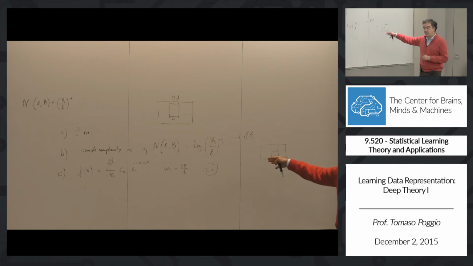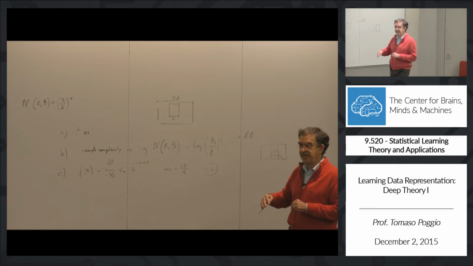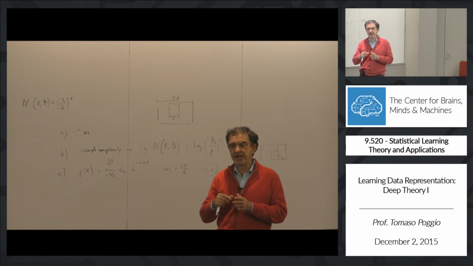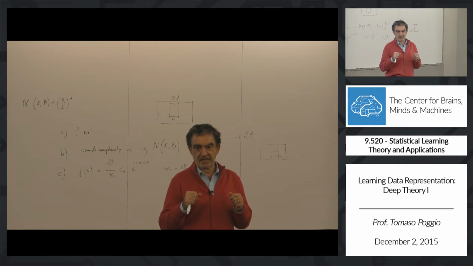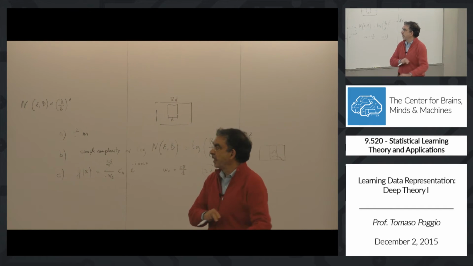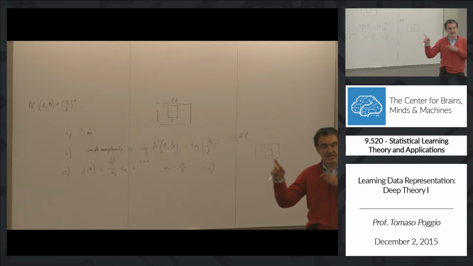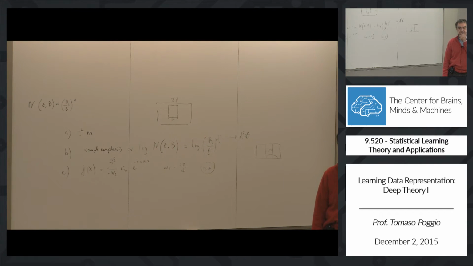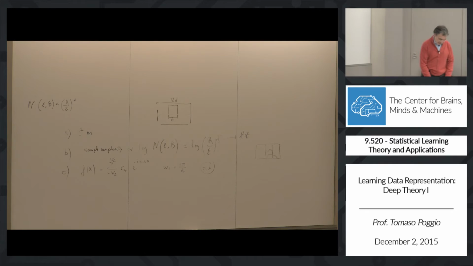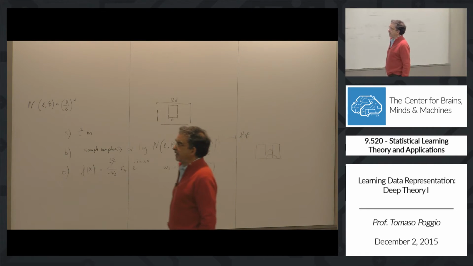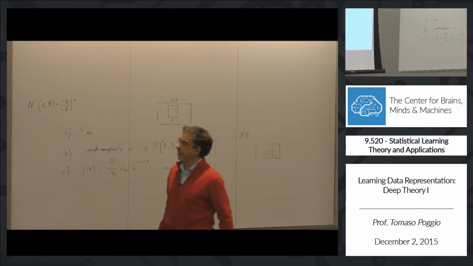And the same argument will work, so I can use it immediately for invariance to scale and rotations. Anyway, is that clear enough? So this is just to say that you can gain quite a bit by having an invariant representation.